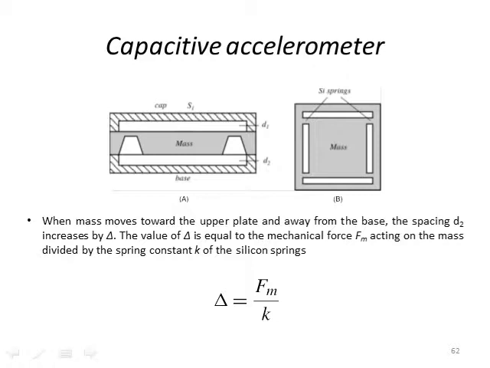These thinned areas in the mass actually act as mechanical springs. Okay, when the mass moves towards the upper plate and away from the base, the spacing changes. So now we have this capacitive type of sensor where we have a differential capacitance that we're going to be reading out. So the circuit that we've used in the homework, we can now use to read out the capacitive accelerometer.